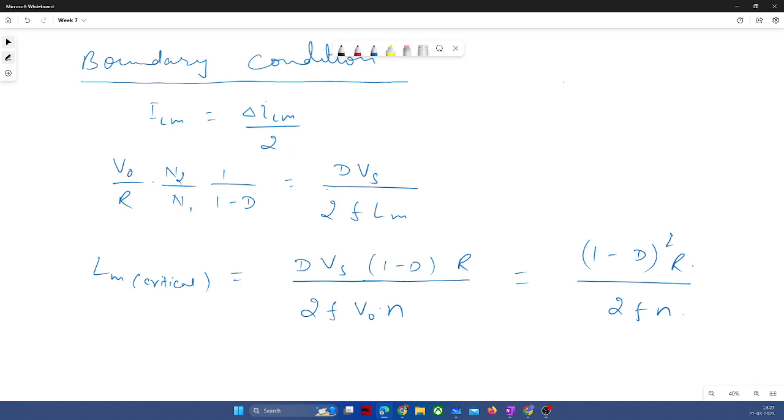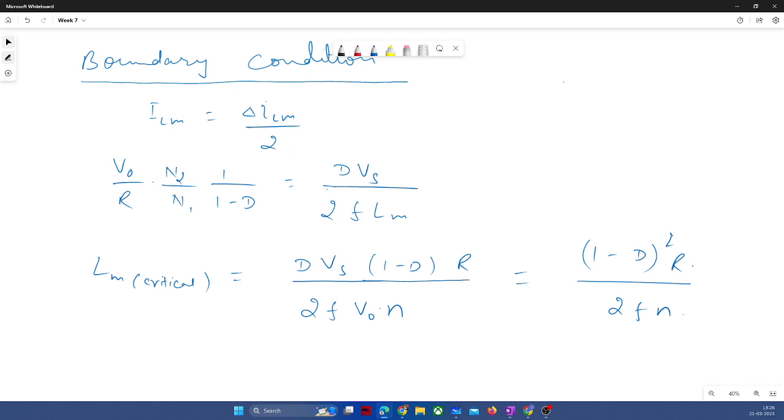Suppose in the buck converter, if you are calculating this critical value, at the output, if we put this inductance there, the current through the inductor will be just touching zero. But in the transformer, this magnetizing inductance is not a discrete element, right? We can't remove this Lm.